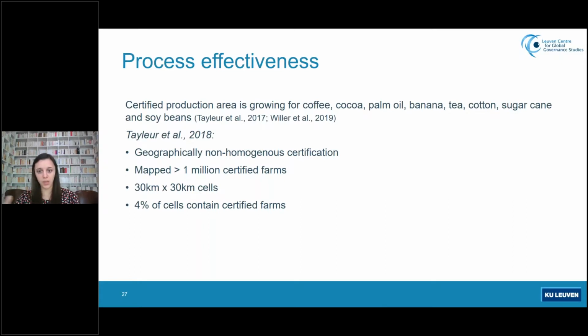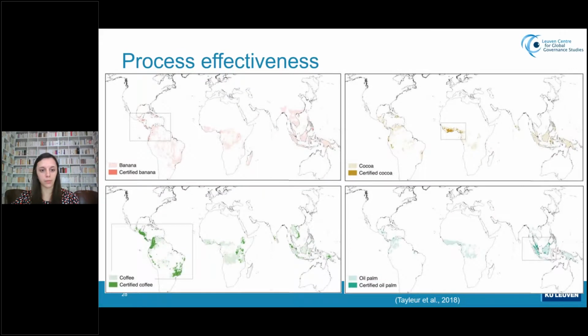For the study, they mapped more than 1 million certified farms across all VSS, and they analyzed 30 by 30 kilometer cells, and they tried to see where certified farms were present. They find that about 4% of those cells contain certified farms.